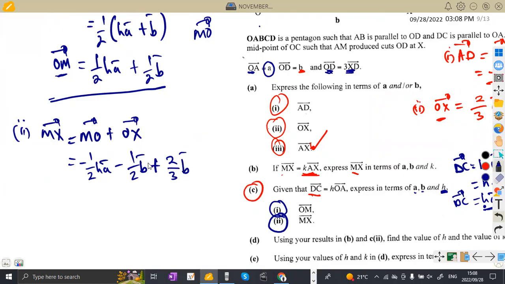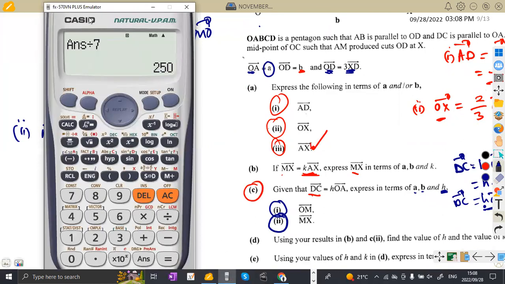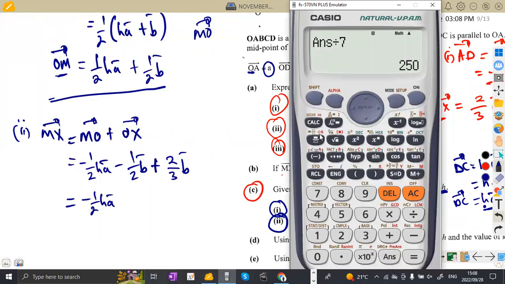Like that. All right. So that means it's an advantage because it's just going to be a combination here. Minus half HA. That's what we only have. Then you can combine both B terms. These are like terms. Minus half plus 2/3. Just need your calculator. Here that's minus a half, whatever that I'm going to add 2/3 like this.